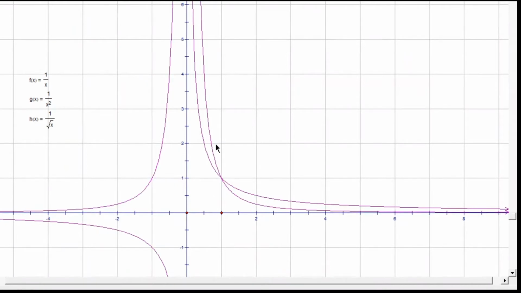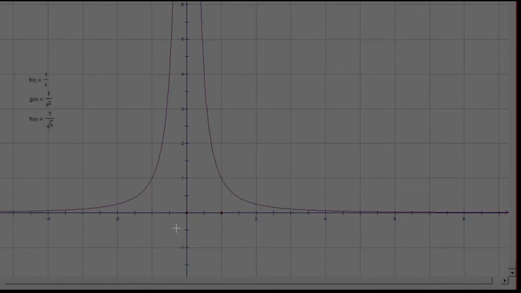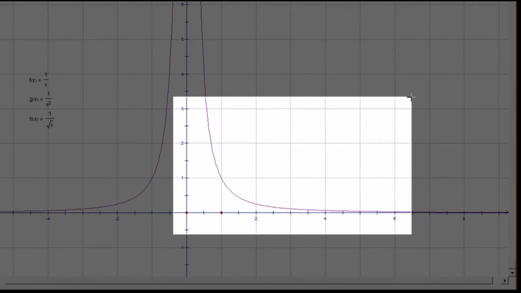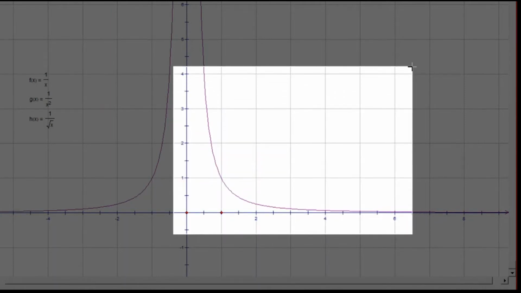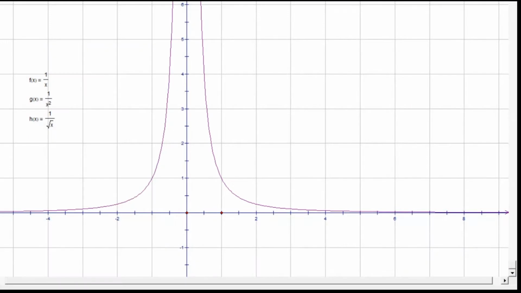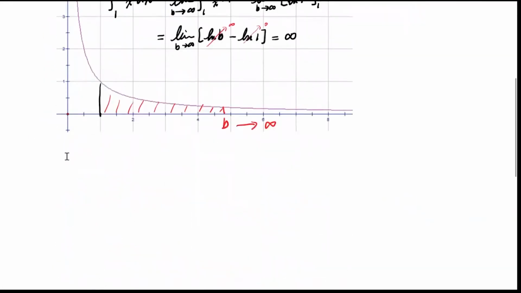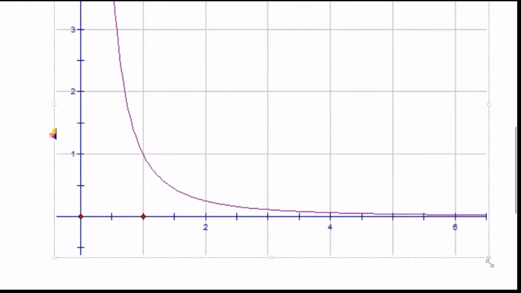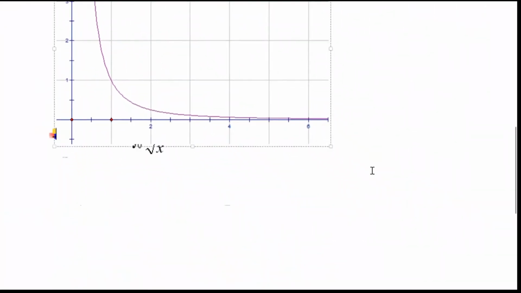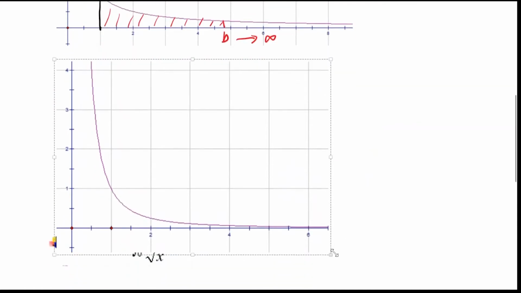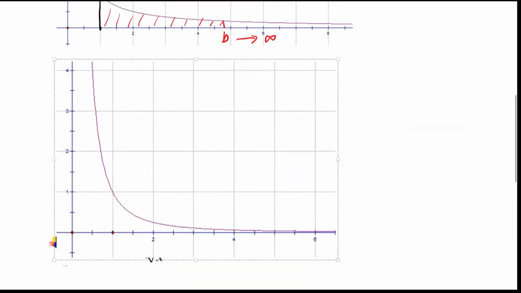So I'm going to delete this one now and copy this. Okay, and then push the other example down.